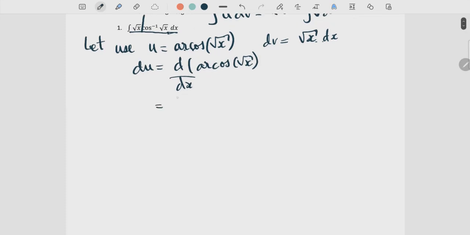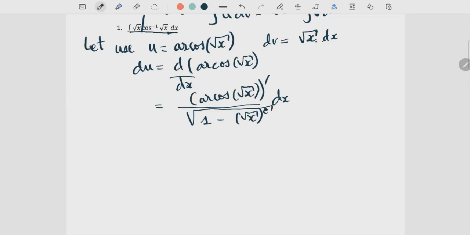Well, that gives us the derivative of arc cos root x divided by the square root of 1 minus the square root of x squared, dx. This gives us that du is therefore equal to negative 1 over 2 root x divided by the square root of 1 minus x.